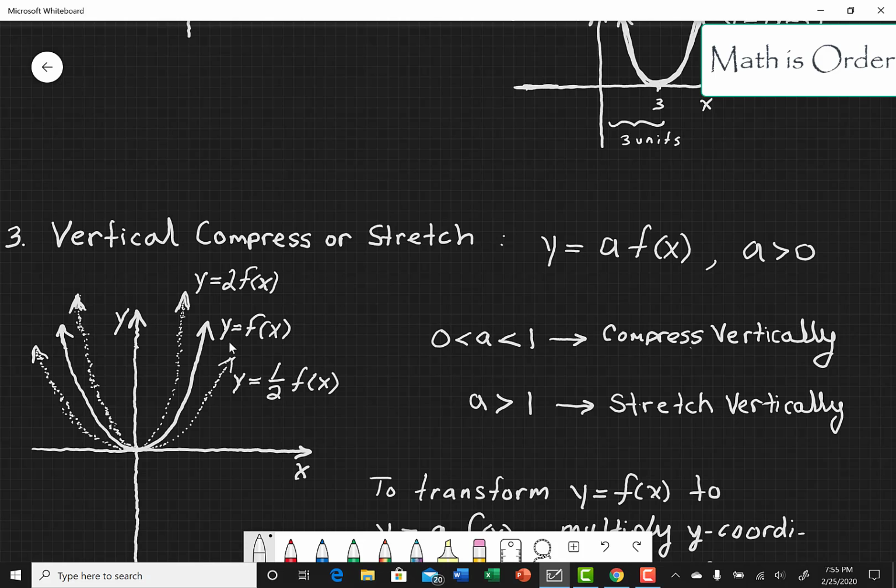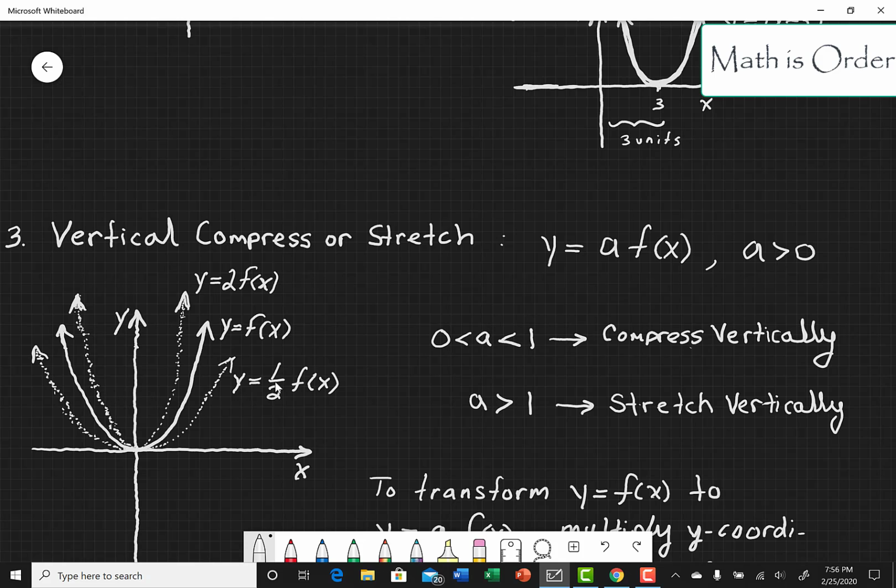So for example, suppose we have this original function, y equal f of x. If a is 2, for example, this dotted curve here shows that the original function was stretched vertically. So that means it's increasing faster and it's decreasing faster.